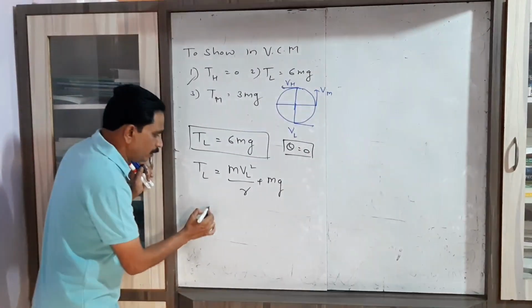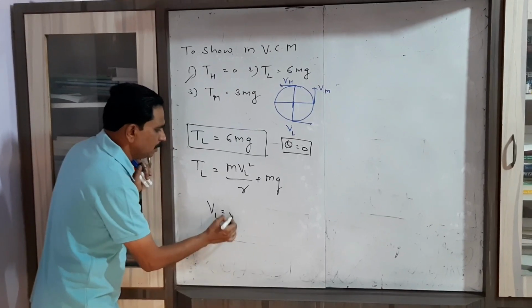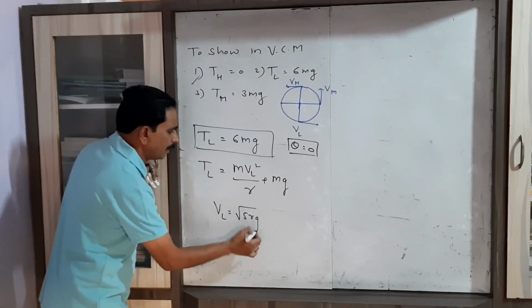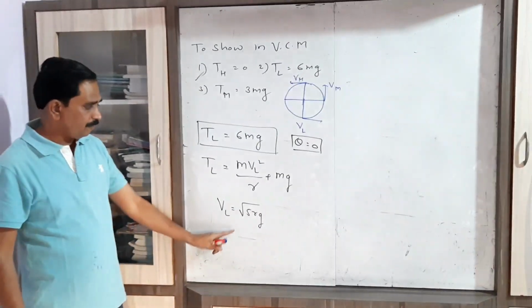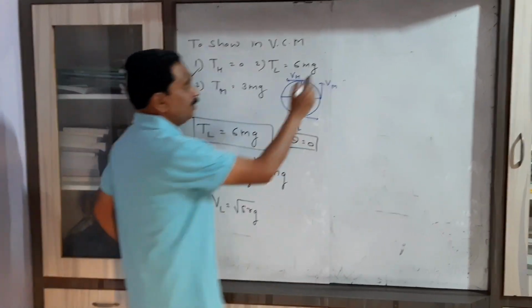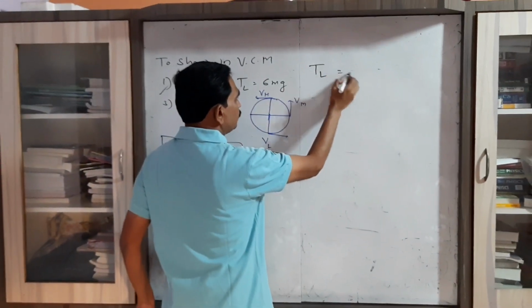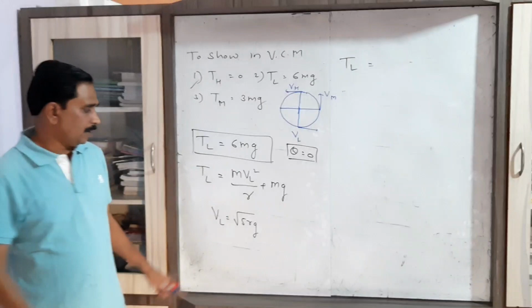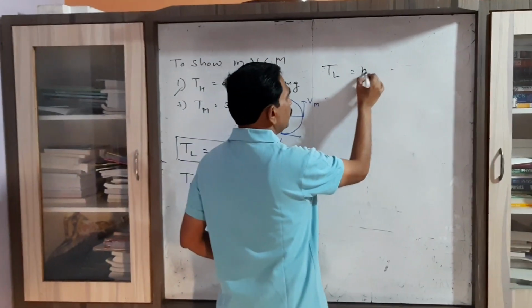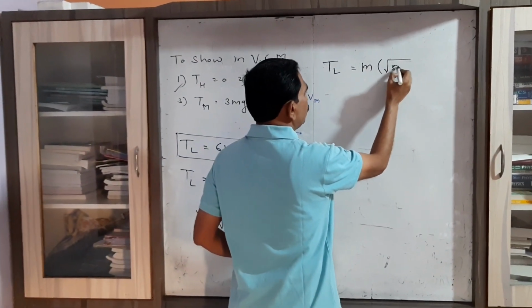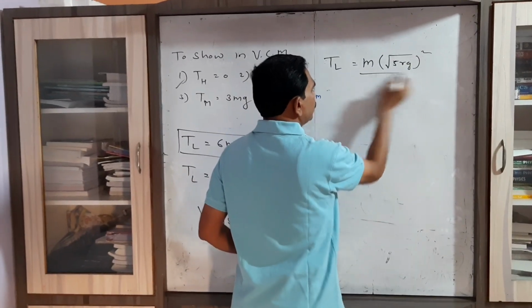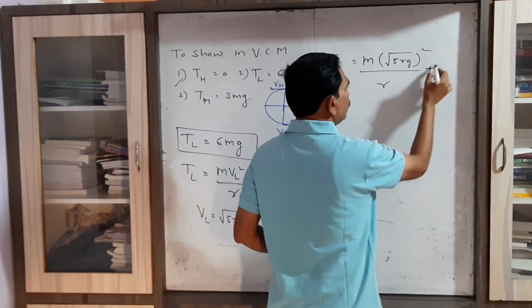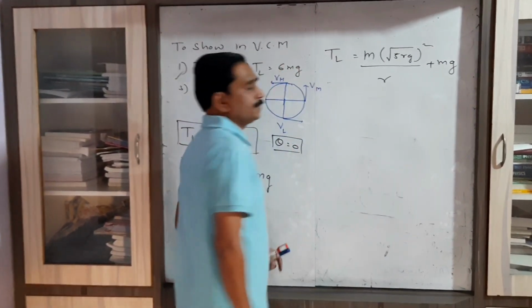Now put the value of velocity at the lowest position as under root of 5rg. Therefore the tension at lowest position equals m under root of 5rg bracket square divided by r plus mg.